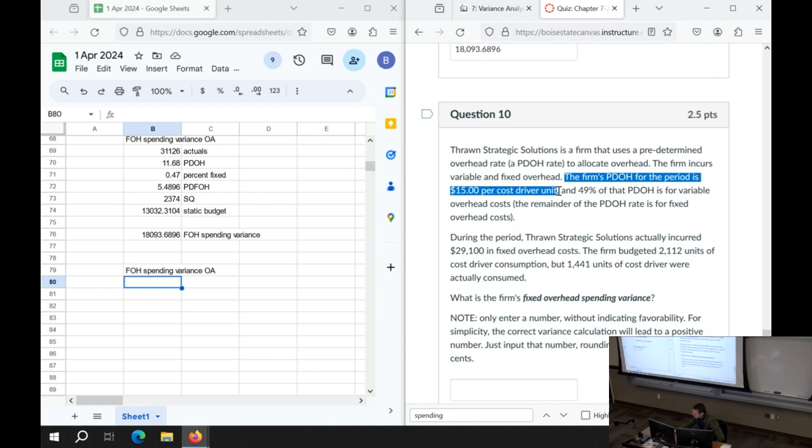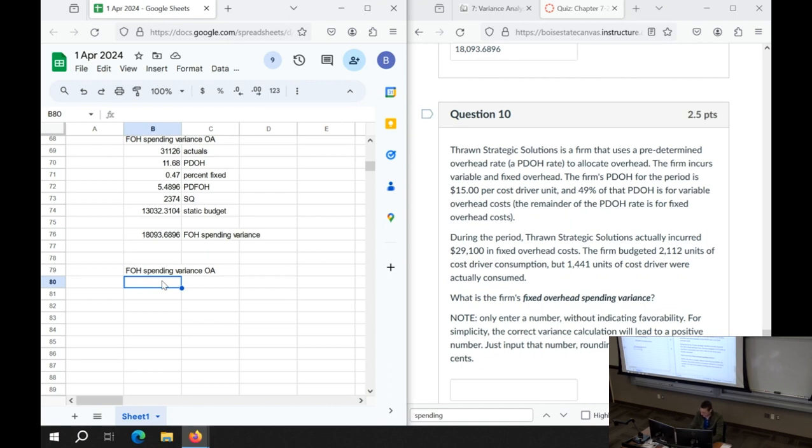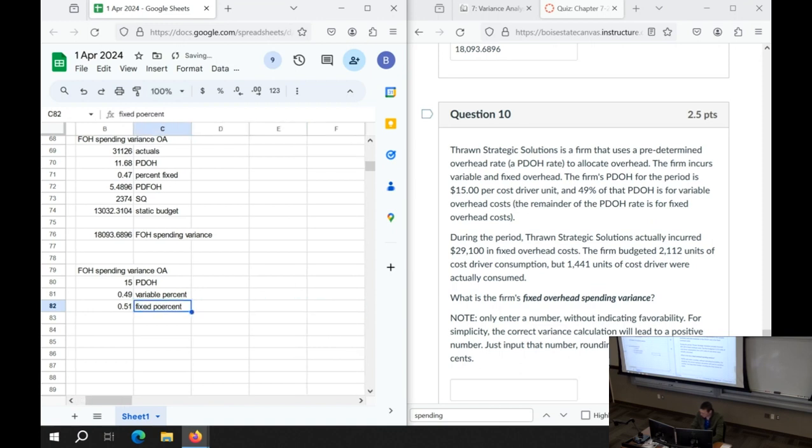We have $15 per unit as our PDOH. 49% of that is for variable costs. Okay, so we have $15 PDOH. We have 0.49 as our variable component percent. I said percent fixed up above, and I said variable percent here, but whatever. So the remainder, 51%, must be the fixed percent of our PDOH.